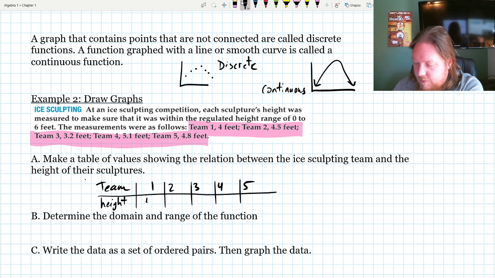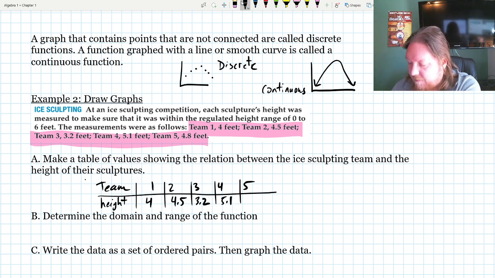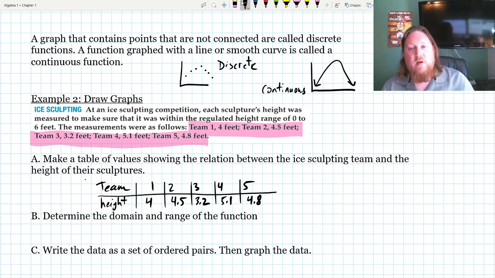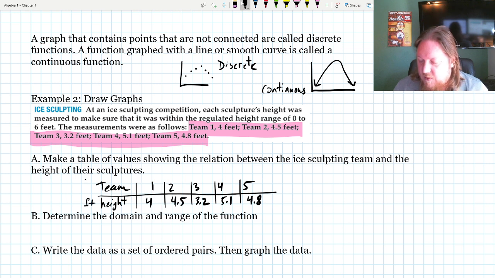Team 1 was 4 feet. Team 2 was 4.5. Team 3 was 3.2. Team 4 is 5.1. And Team 5 is 4.8. So there is my table of values representing the team and the height of the sculptures. And you might want to put down here that this is feet for height, just so you remember later on. Because now we've got a much more condensed version of the information.